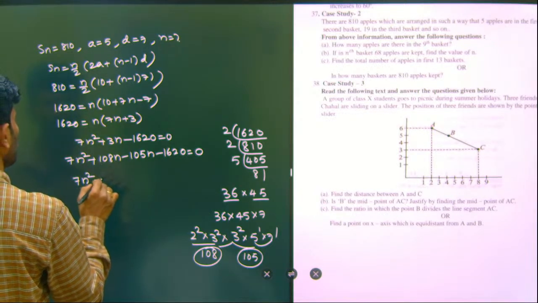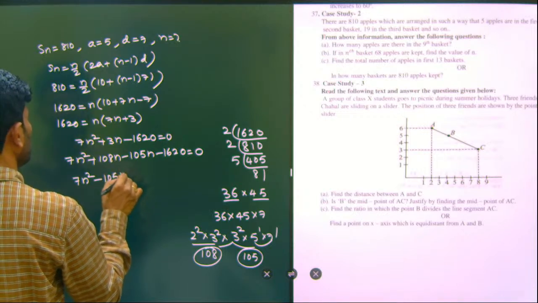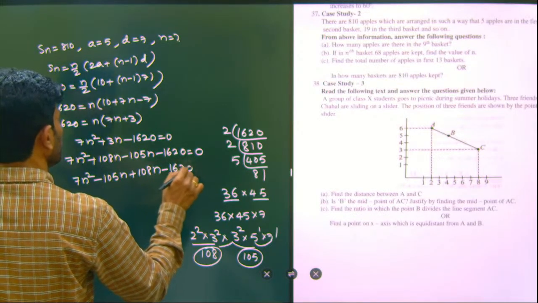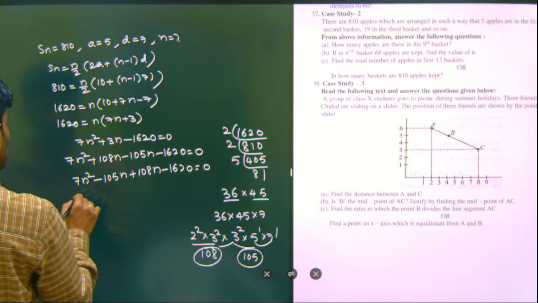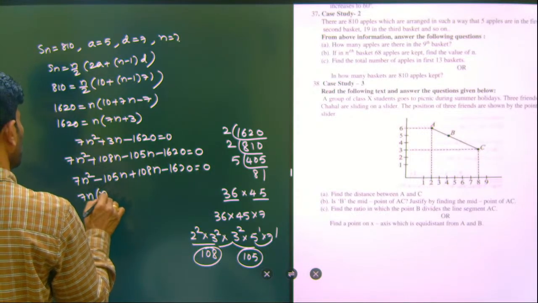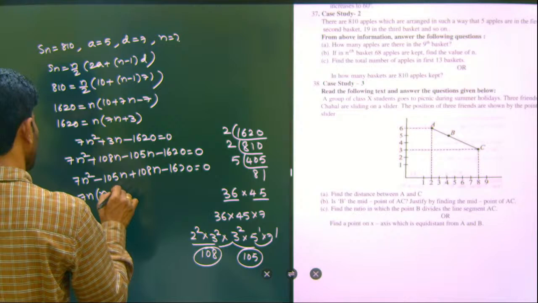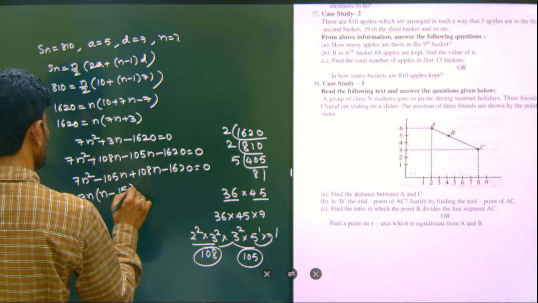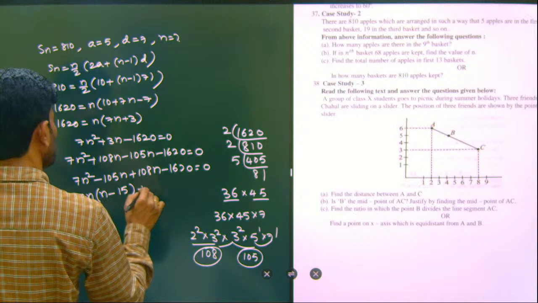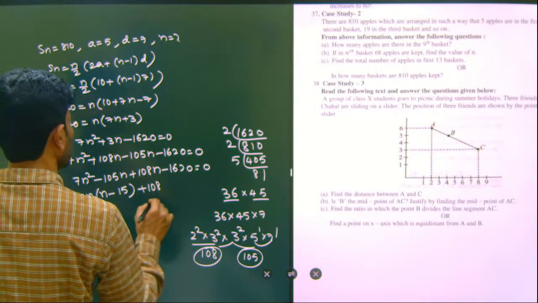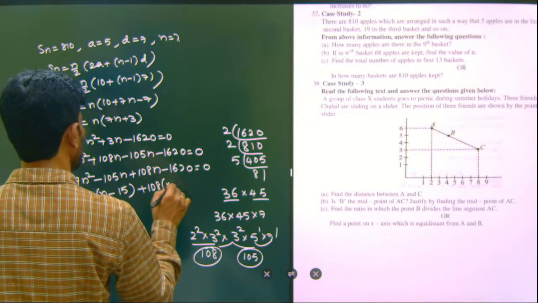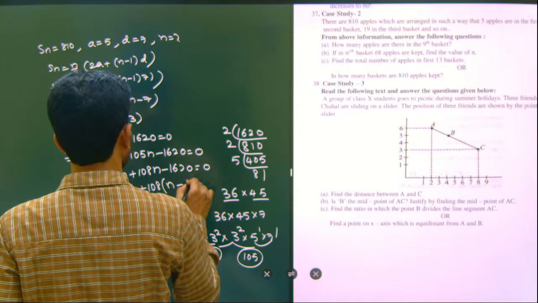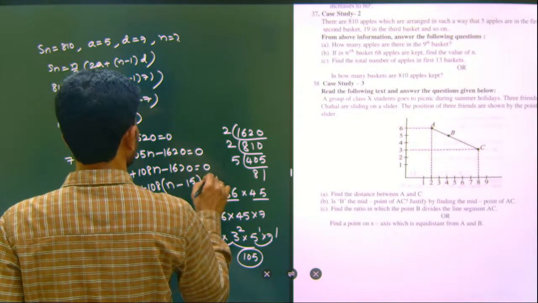7n square minus 105n plus 108n minus 1620 is equal to 0. Then 7n common, n minus 7 ones are 7, 7 5s are 35, plus 108 common, then n minus 15, since 108 15s are 1620.